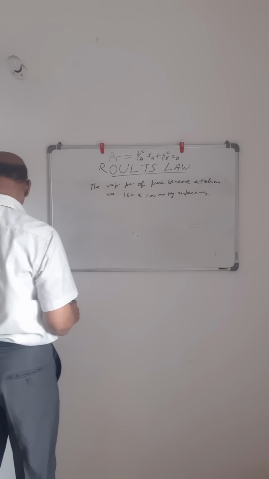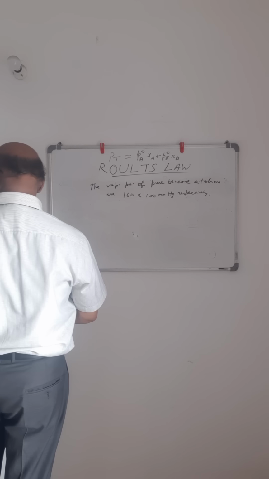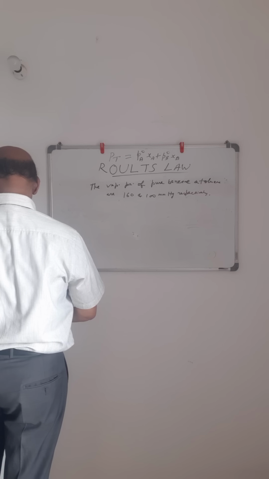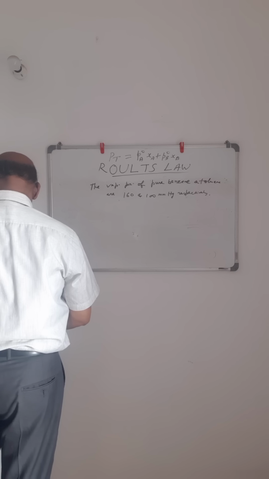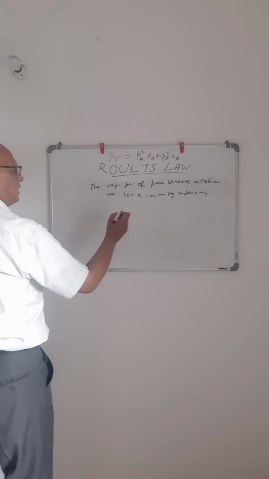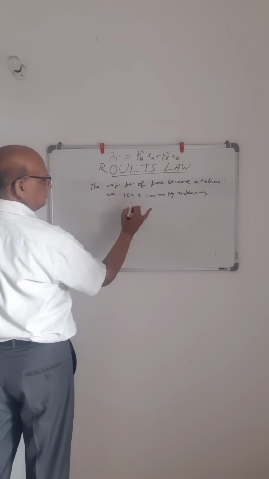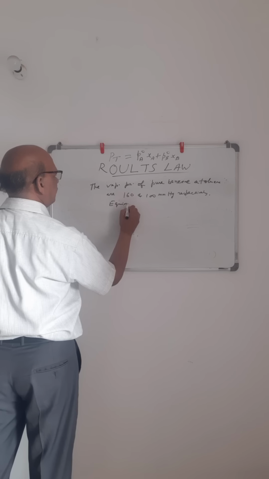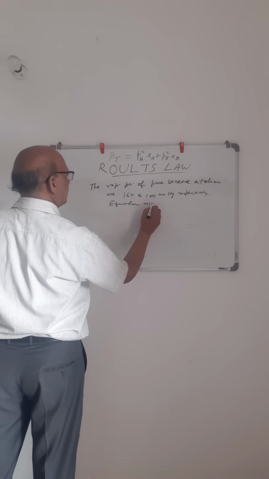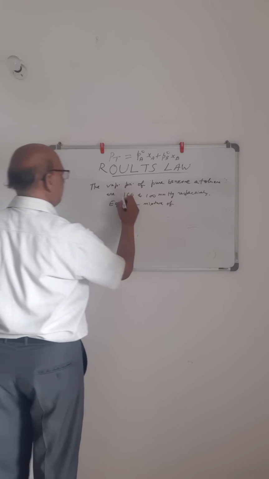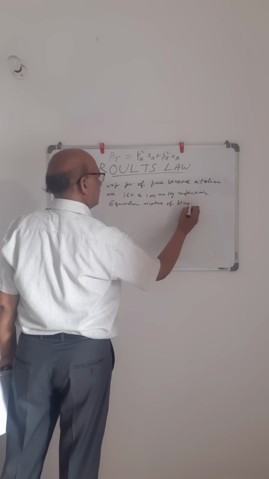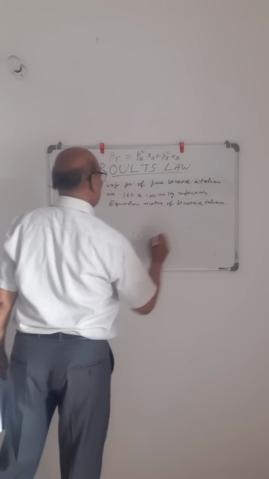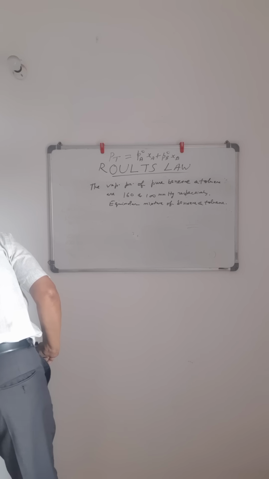And what we are saying is that the mole fraction of benzene that we have to find out in the vapor phase. They have given that this solution is an equimolar mixture of benzene and toluene.